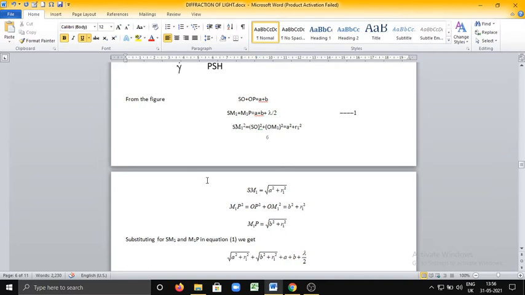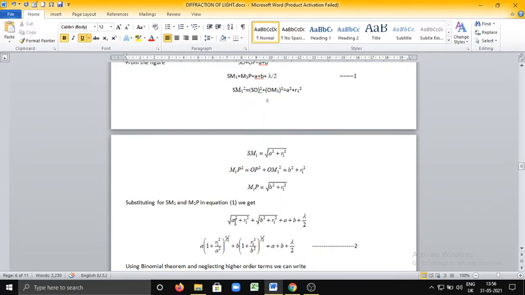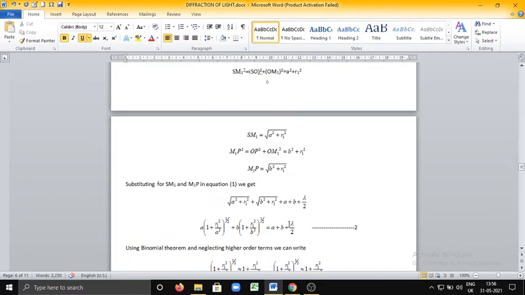Substituting for M1P and SM1 in equation 1, we get square root of a square plus R1 square plus square root of b square plus R1 square is equal to a plus b plus lambda by 2. If we take a as common, then a into 1 plus R1 square by a square whole to the power of half, plus b into 1 plus R1 square by b square whole to the power of half, is equal to a plus b plus lambda by 2.